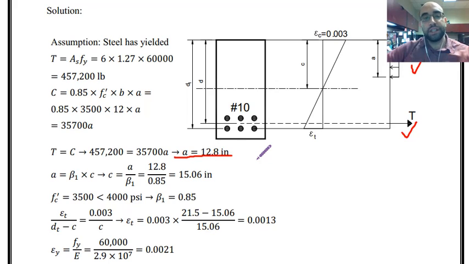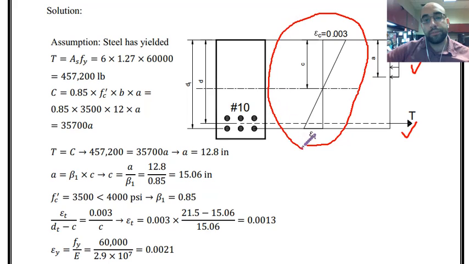So far, very straightforward, and everything that I did so far is the procedure that we are going to have in all concrete sections. The next step is to check the assumption that we had over here. We said steel has yielded, and based on that we calculated the tension force. Now I need to check that assumption. How can I check that? We said we have to look at the strain distribution.